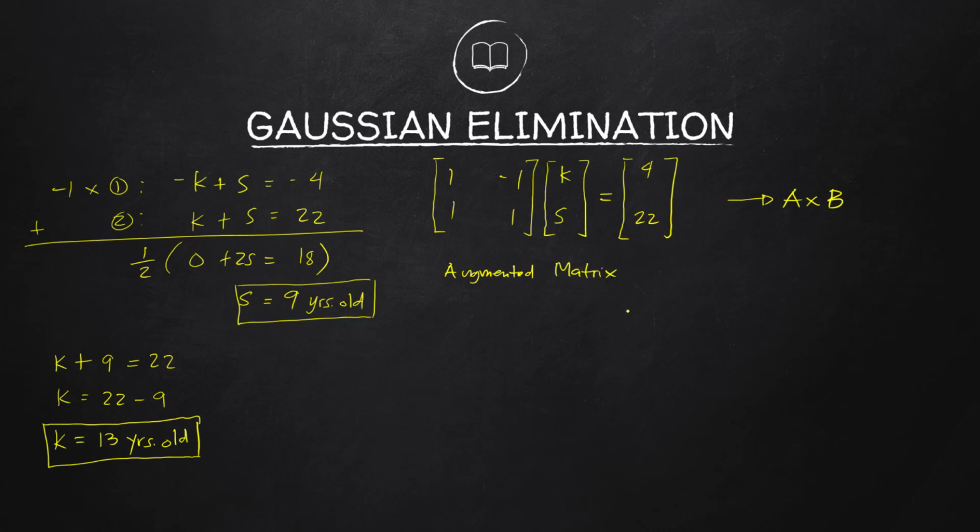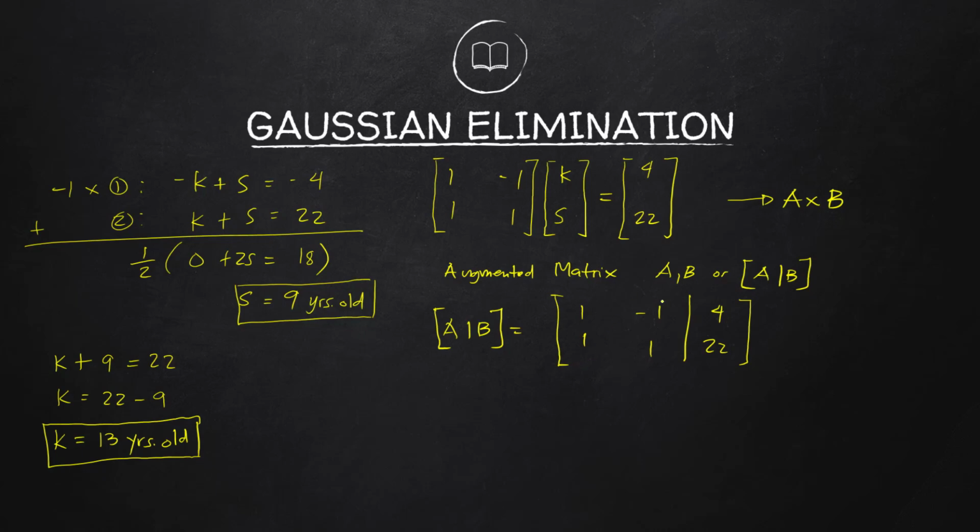In its augmented form, this is equal to A comma B. The augmented matrix will look like this: 1, -1, 1, 1, 4, and 22.